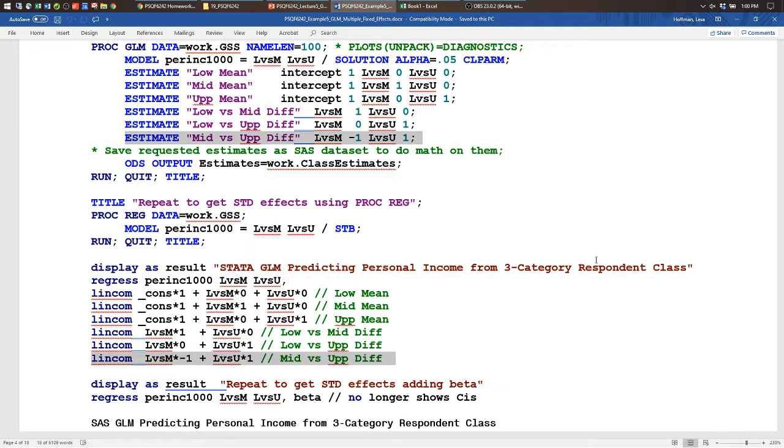Exact same thing, just a different way of interpreting it. Now you could do this for any predictor. If you wanted to know if the slope for x1 is significantly greater than the slope for x2, you could ask the difference as a linear combination. They have to be on the same scale for it to make sense, but you can do that for any kind of slope.